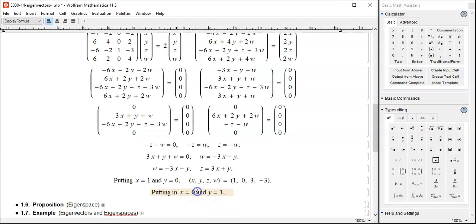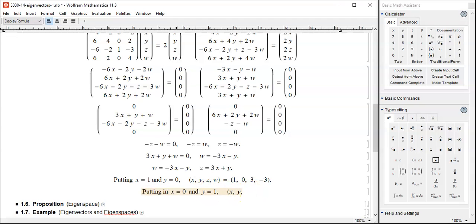This time putting x equals 0 and y equals 1, I'm going to get x, y, z, w equal to 0, 1, and then z is 1 and w is negative 1.